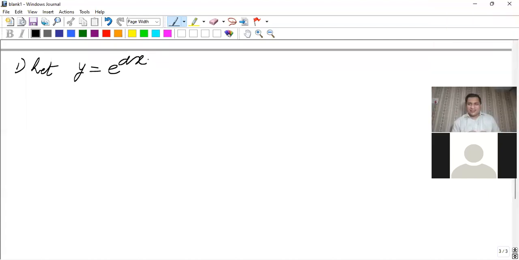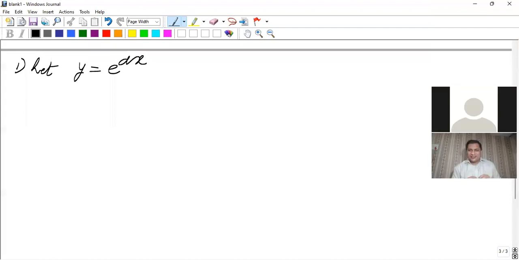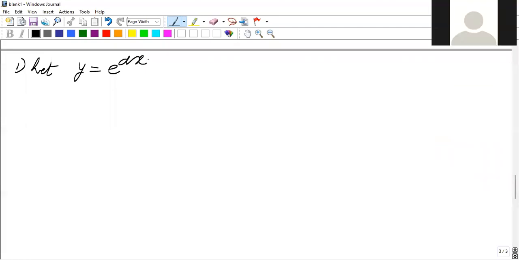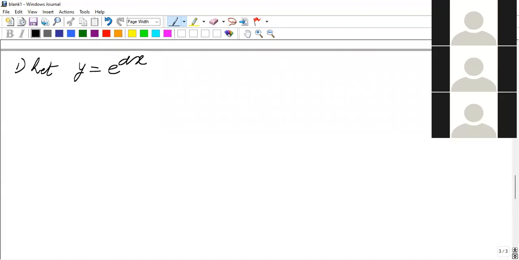Y dash is equal to a e to the power ax. Okay, Narendra, what will be the derivative of this function? Sir, y dash is equal to a e to the power ax. Yes. Okay. So all of you got the correct derivative. So you can lower your hands now.